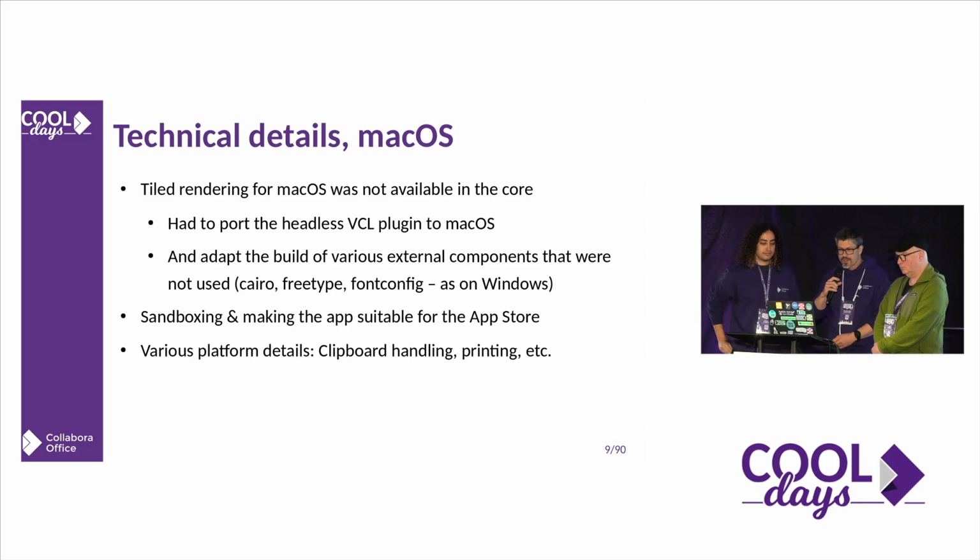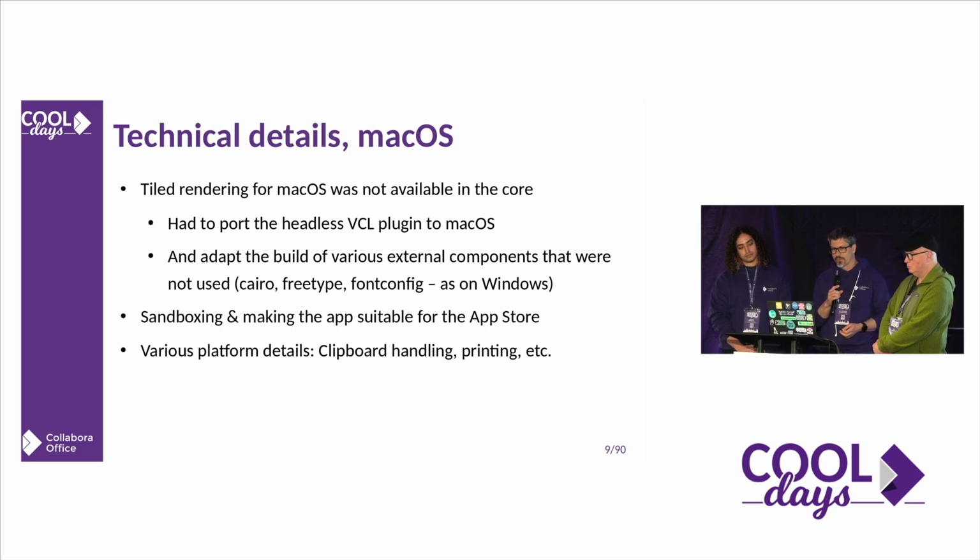And for macOS, the tiled rendering was not available. So it was necessary to do a little bit of the work similar to Windows to make it compile and make it available for macOS. I think it was less work than Tor had to do on Windows, because it is still more Unixy than Windows.